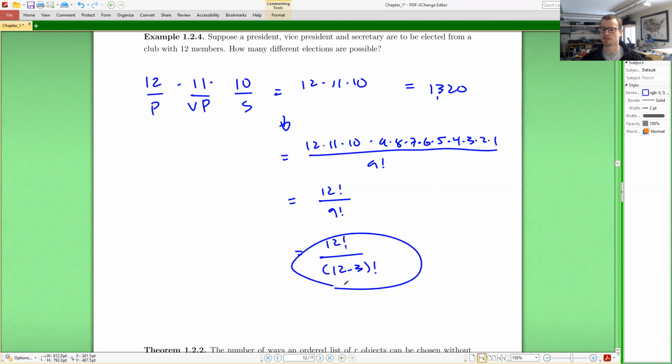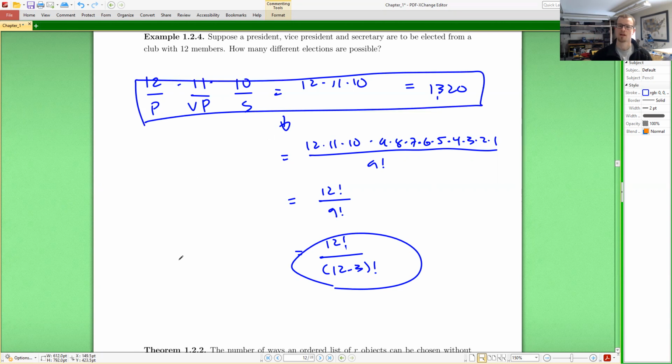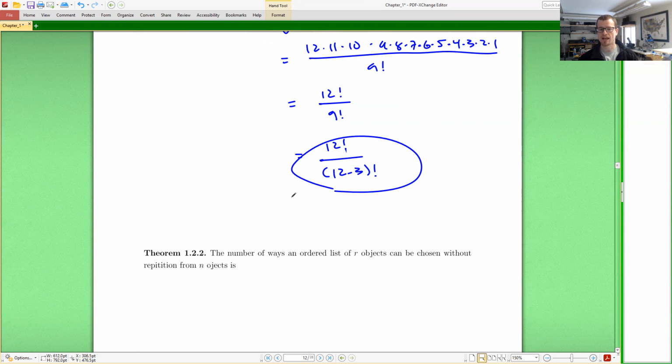So this is the thing that we're looking at. The answer to this specific problem was as simple as that. But what we wanted to do is observe that we could write that answer in this way, which allows us to say that the number of ways an ordered list of R objects can be chosen without repetition from N. So no repetition here, right? We can't have the same person serving as president and vice president.